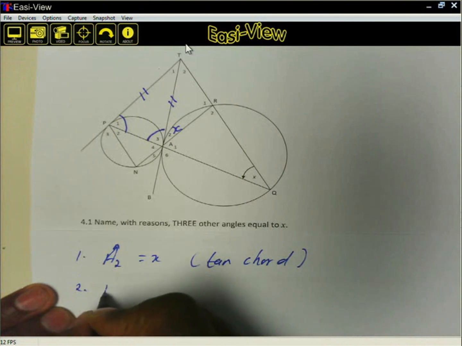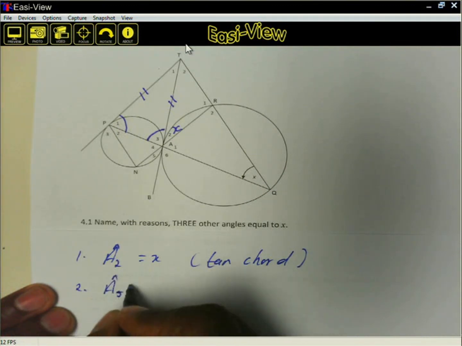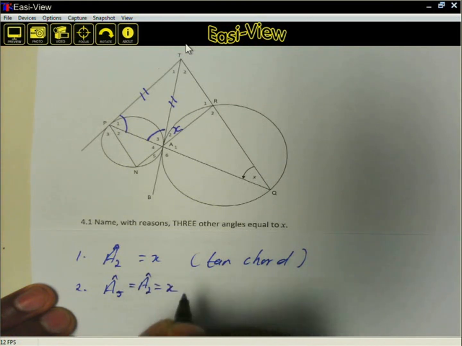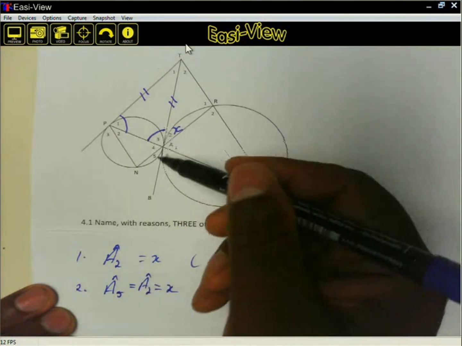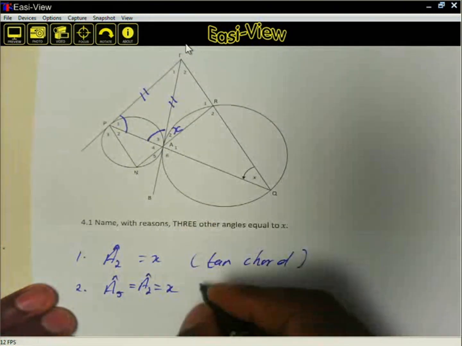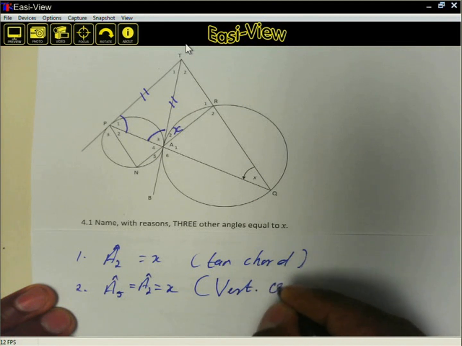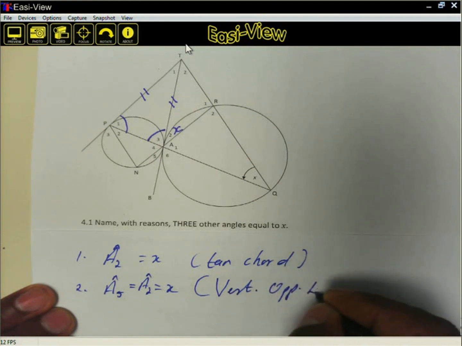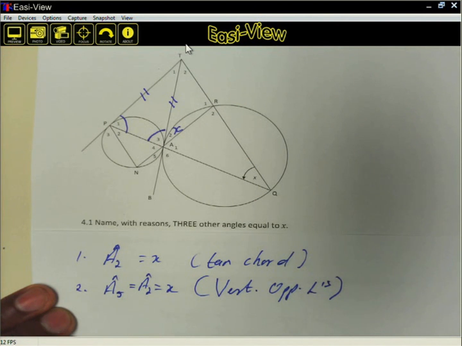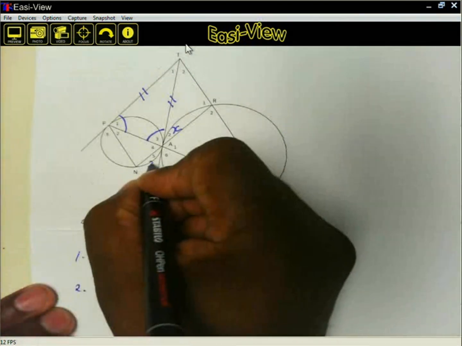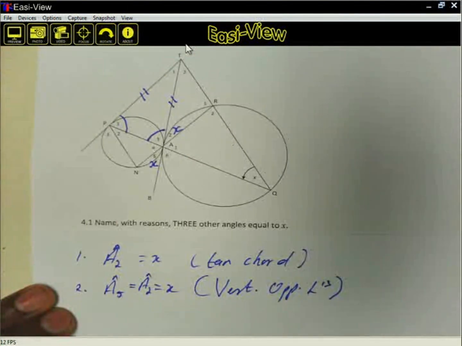Therefore, angle A5 is equal to angle A2, and A2 is equal to X. So you mark A5 as X as well. A5 is also equal to X.